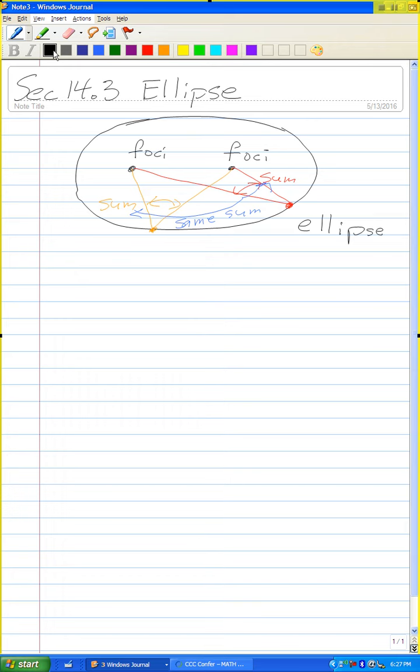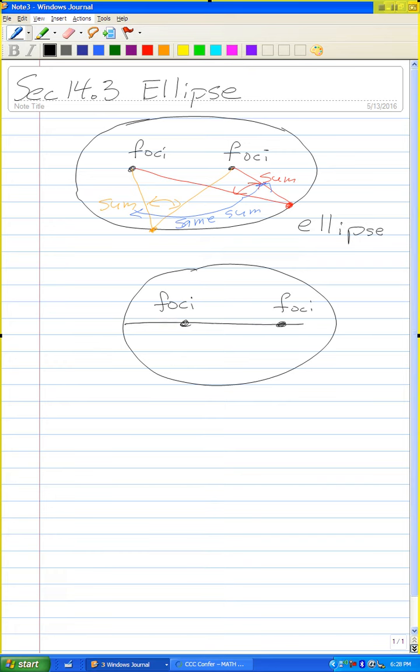Okay, so let me do an ellipse again. Yeah, close enough. So suppose I have 2 foci. Then the line passing through the foci is called the focal axis or the major axis.